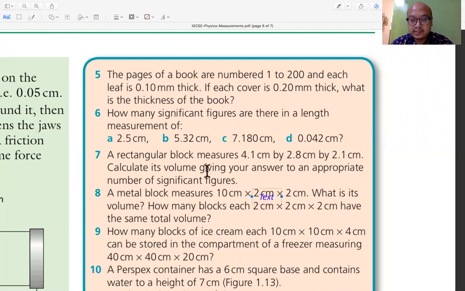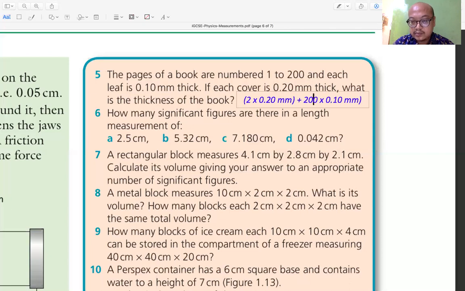Let's say the cover is 2 sheets of paper, so this is 2 times 0.20 millimeter, and then plus 200 pages times 0.10 millimeter.